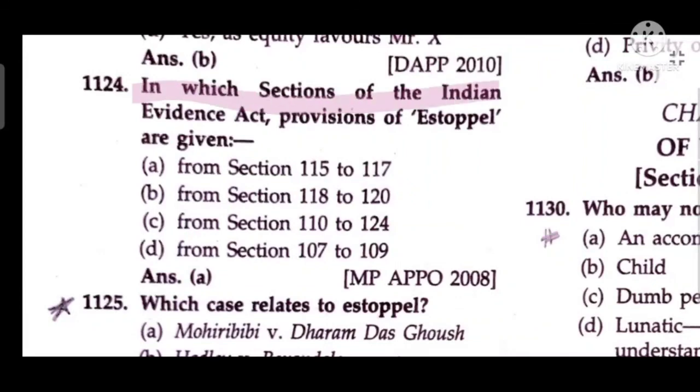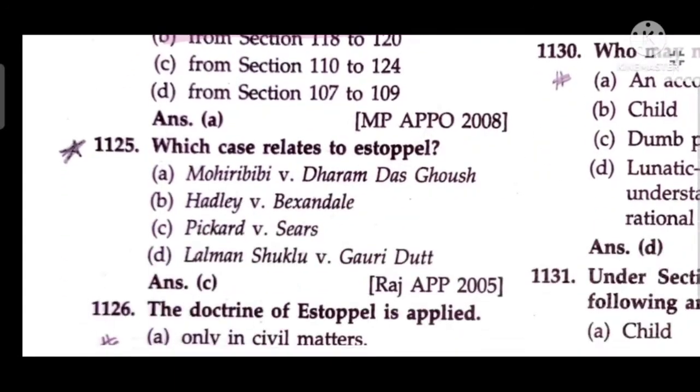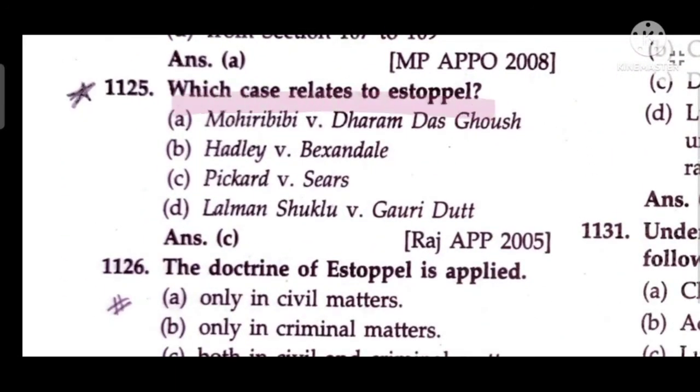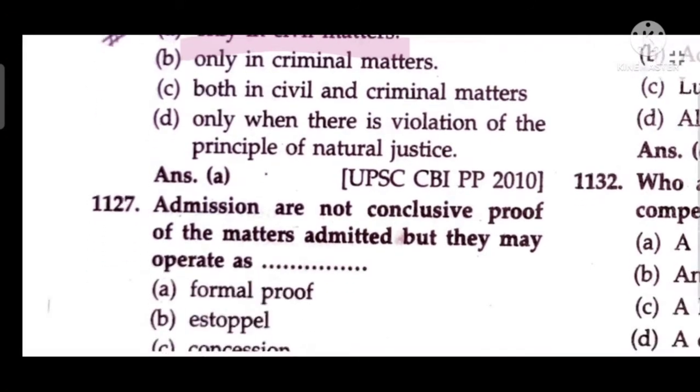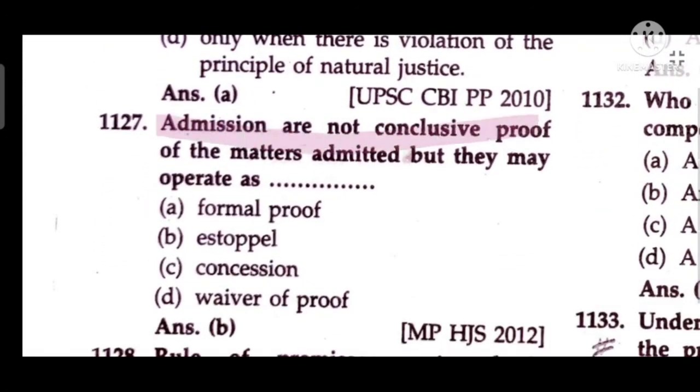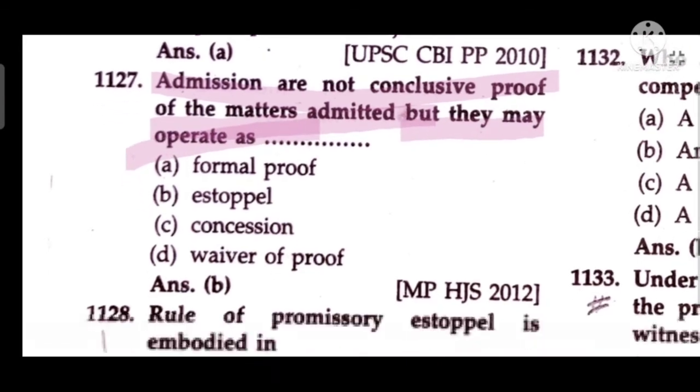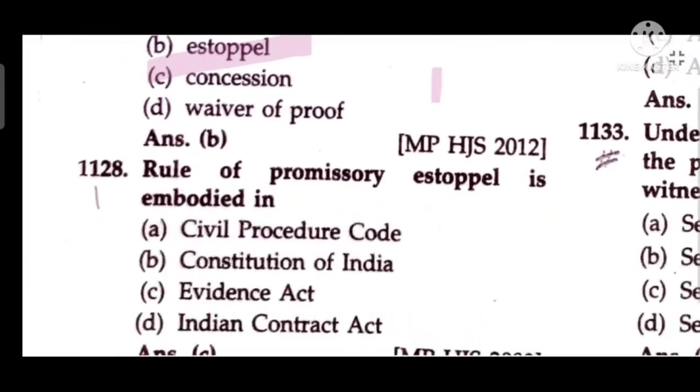In which sections of the Indian Evidence Act is estoppel given? Sections 115 to 117. Which case is related to estoppel? Pickard versus Sears. The doctrine of estoppel is applied in civil matters. Admissions are not conclusive proof of the matter admitted, but they may operate as estoppel.